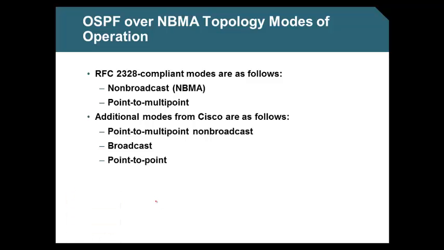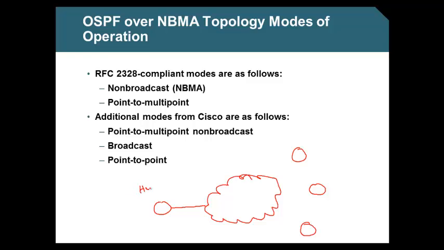You see, what we are planning to do is take 4 sites, and this is going to be a hub, and 3 spokes. We are going to have a frame relay cloud.